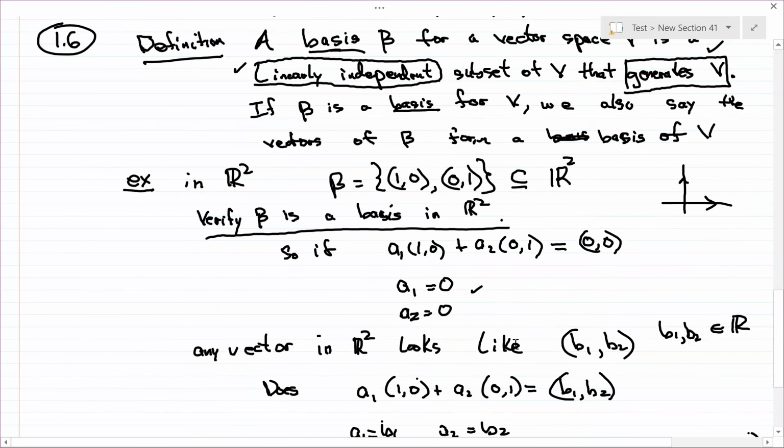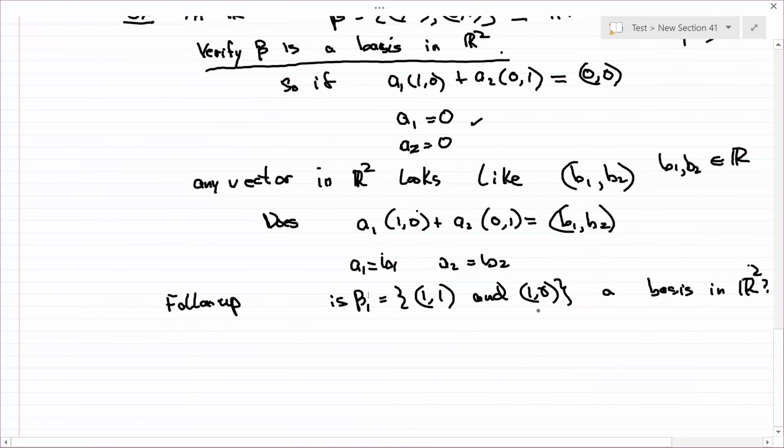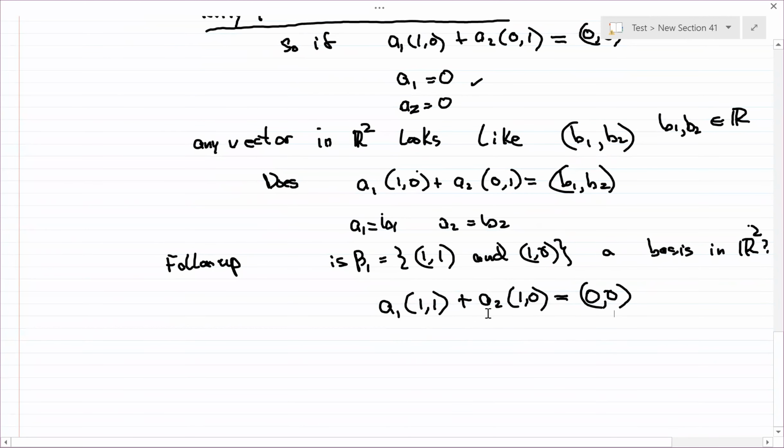Is beta 1 a basis? So what do you have to check? Two things. You have to check that the set is linearly independent. So if you had a1 times (1, 1), and you added it to a2 times (1, 0), and you wanted that to be the 0 vector, which in R2 looks like that, does it mean for sure that both of the a's are 0?